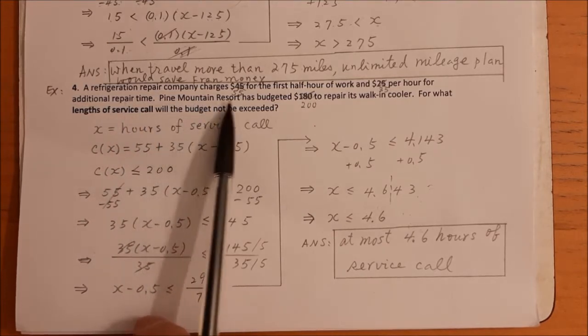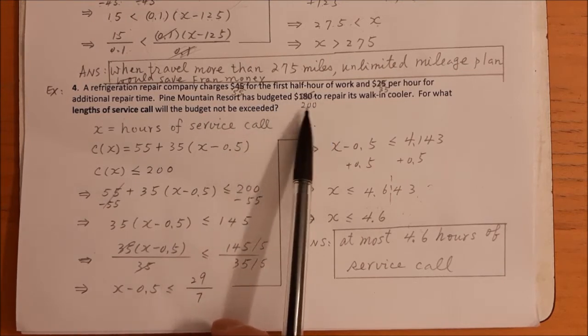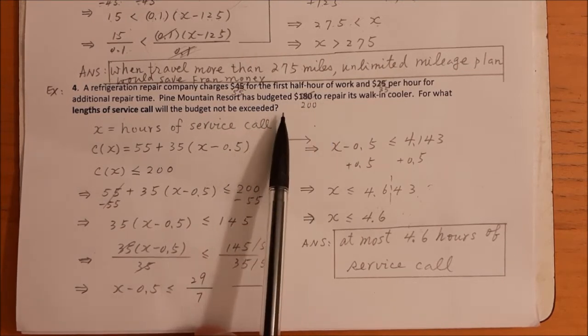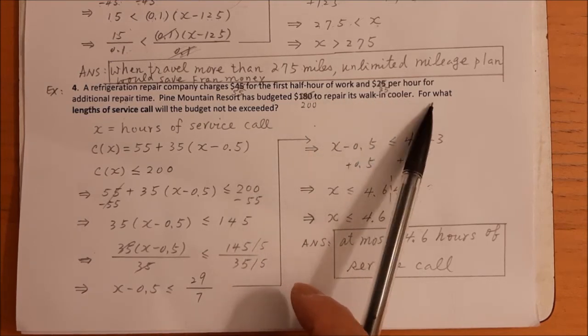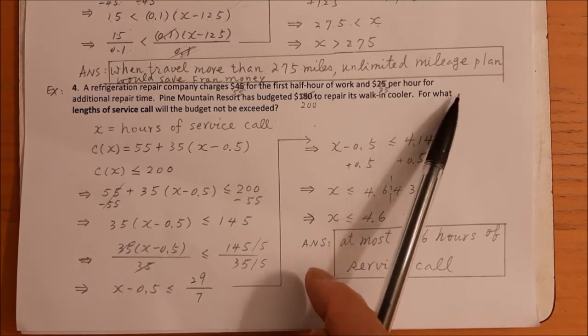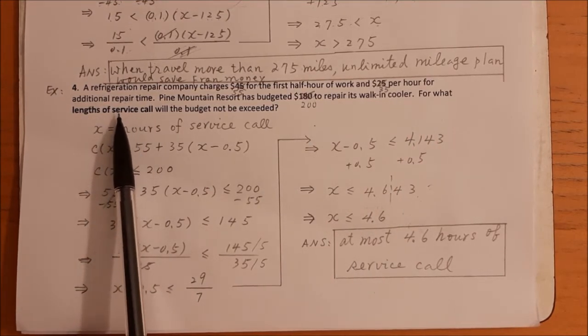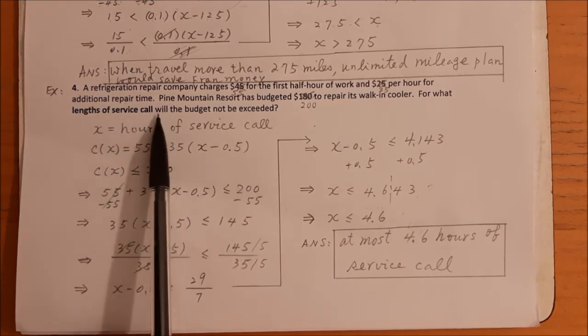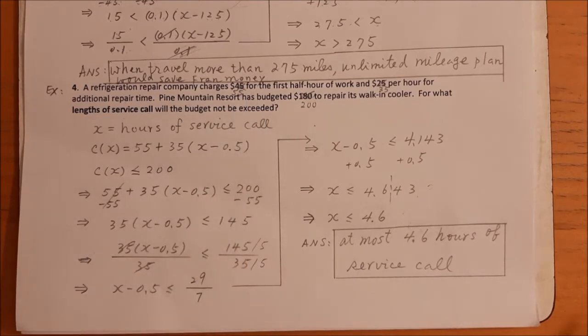Pine Mountain Resort has budgeted $200 to repair its walk-in cooler. For what length of service call, which is how many hours of service, will the budget not be exceeded?